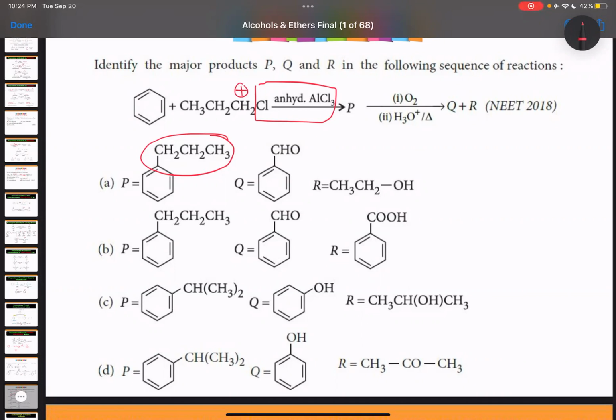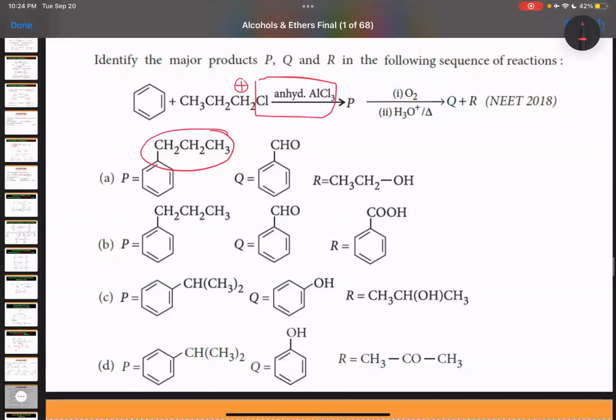We discussed the method for the preparation of alcohol by three different ways. Wherever the carbocation is forming, you need to check whether it can rearrange or not.